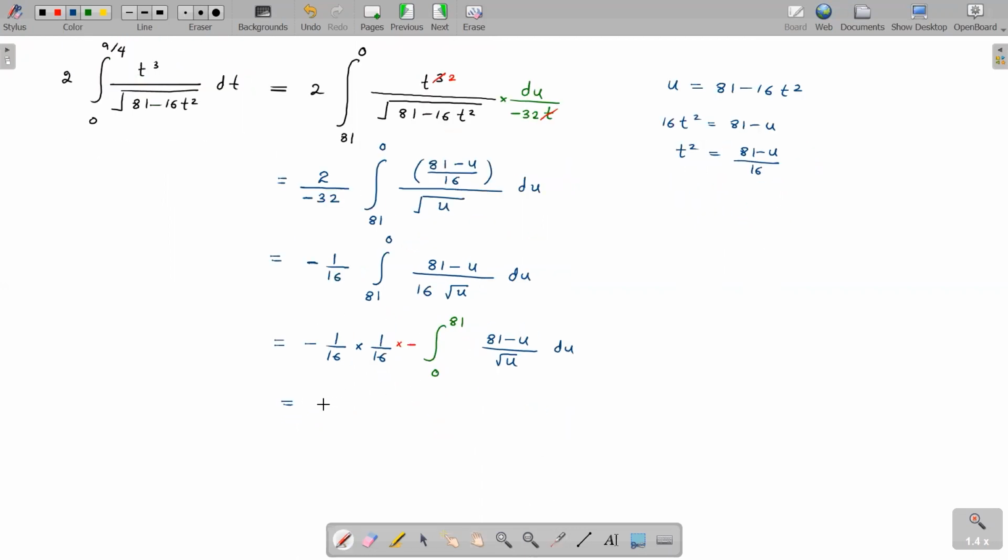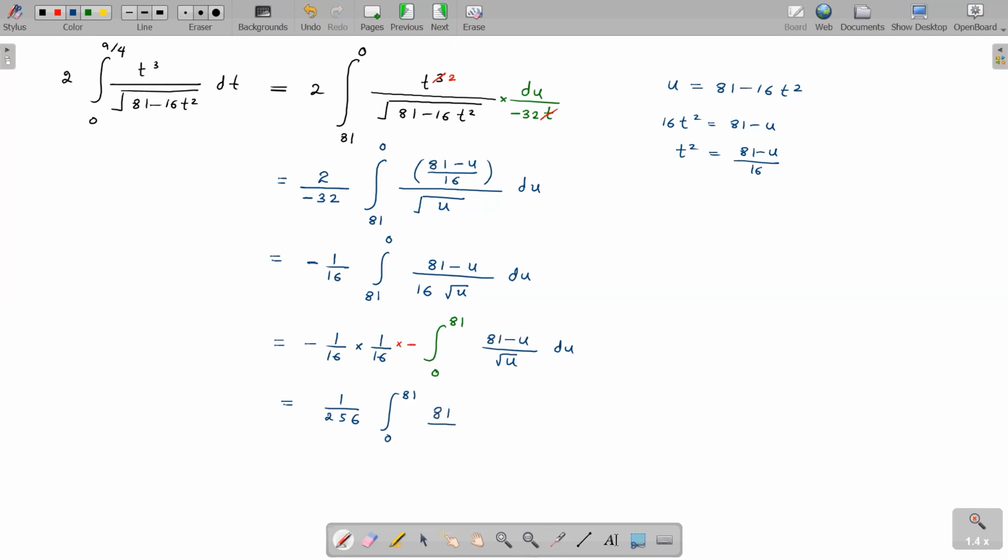So minus minus is a plus, 1 over 256. 16 times 16 is 1 over 256. And then the limits are 0 to 81. Now to integrate this, we can't keep them together, we need to separate them.